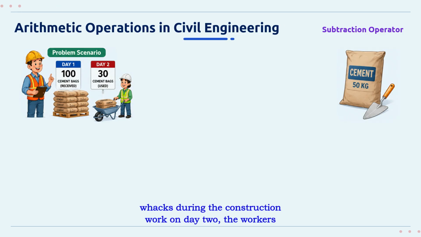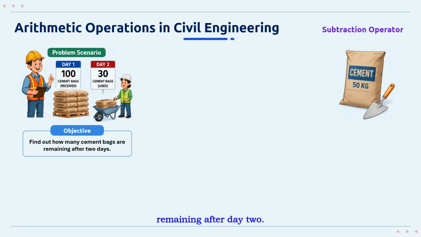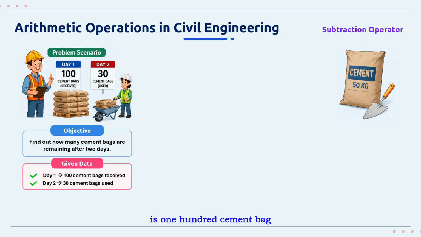During the construction work on day 2, the workers use 30 cement bags. Our objective is to determine the number of cement bags remaining after day 2. In this example, the given data is day 1, 100 cement bags received, day 2, 30 cement bags used.